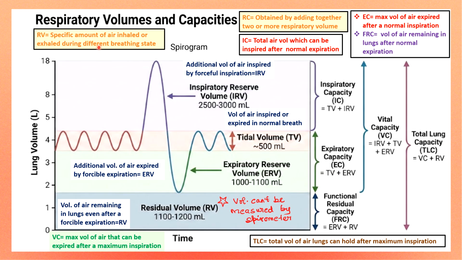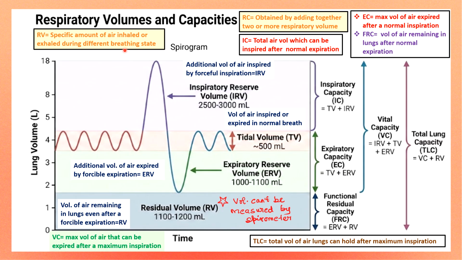Under a specific breathing state, whatever amount of air you can inhale or exhale is called respiratory volume. What is a breathing state? If you are relaxed, or when you are exercising, in both states you will inhale a different amount of air and exhale a different amount of air.